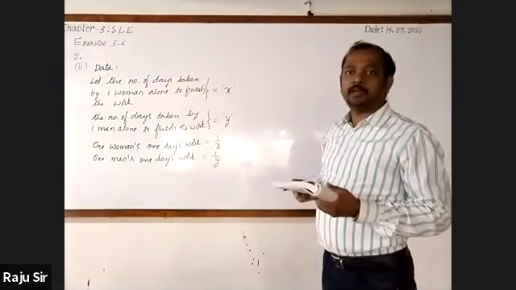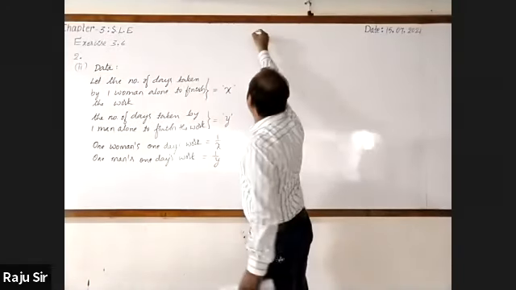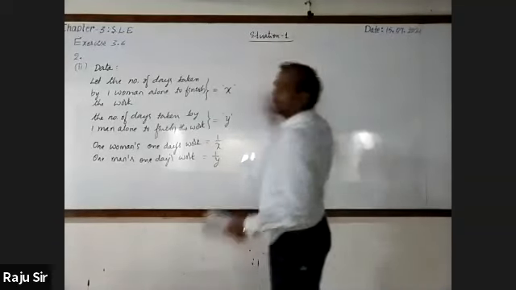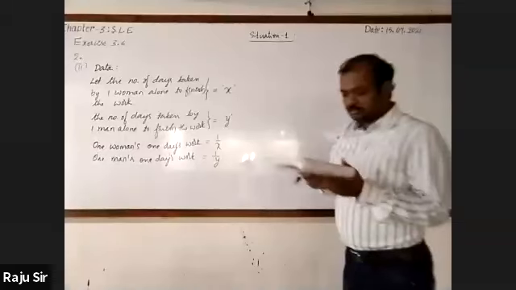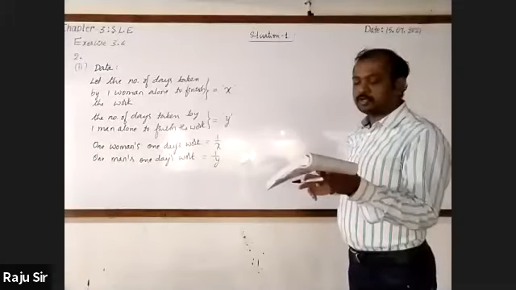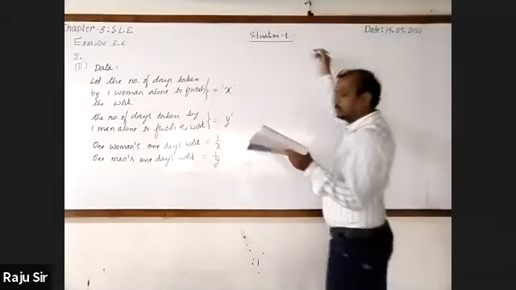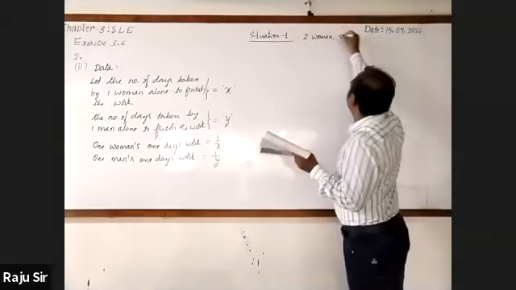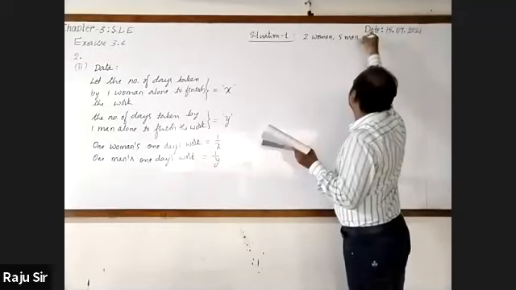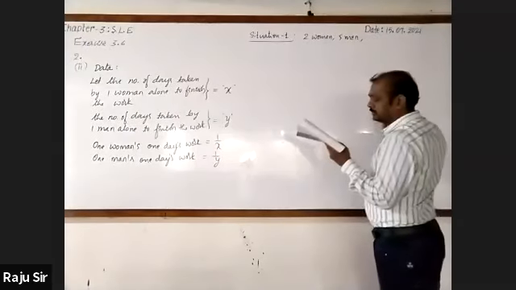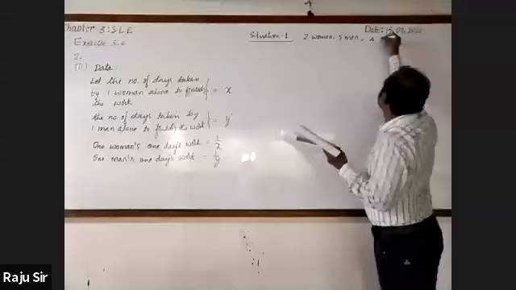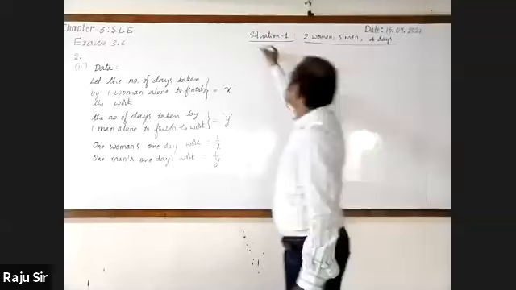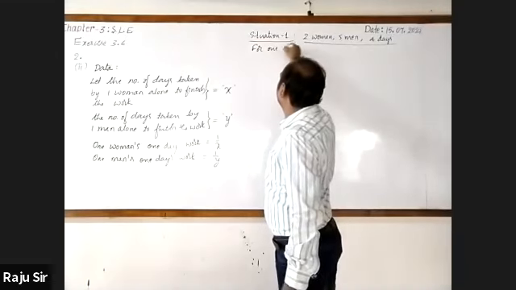Now let me take both one by one. Situation 1. In the first situation, 2 women and 5 men can together finish the embroidery work in 4 days. Here I write 2 women and 5 men, and the number of days taken to finish the embroidery work is 4 days. Then we calculate for 1 day.